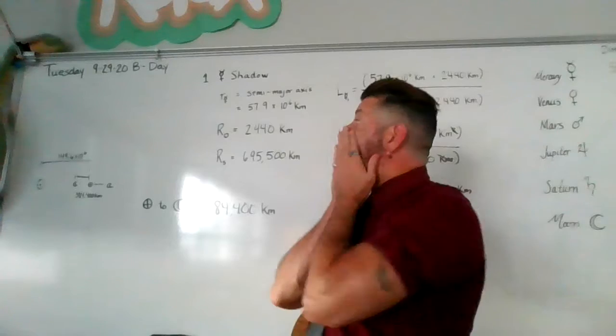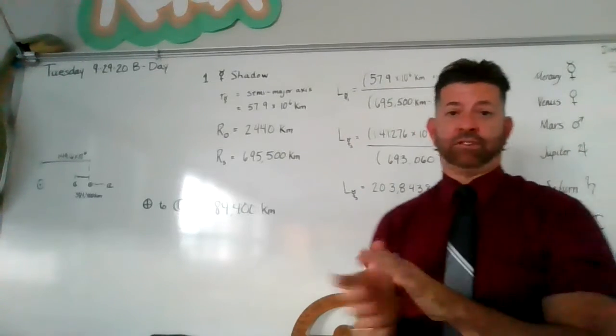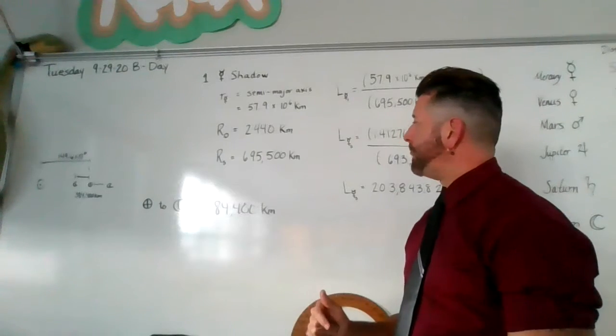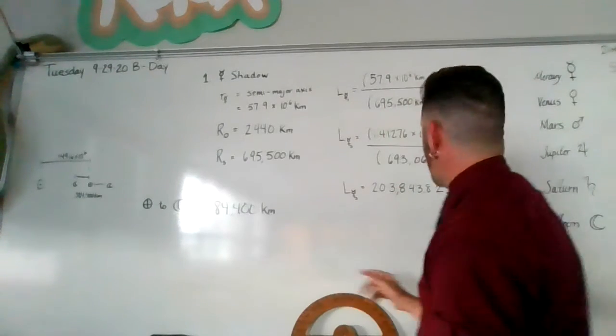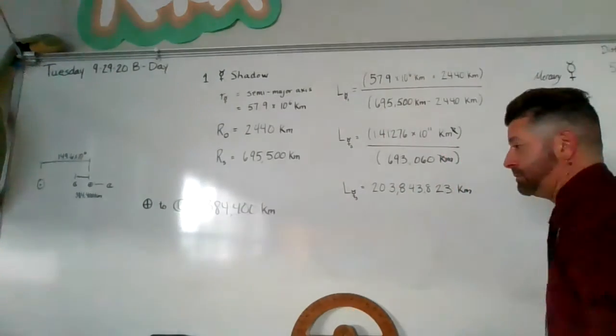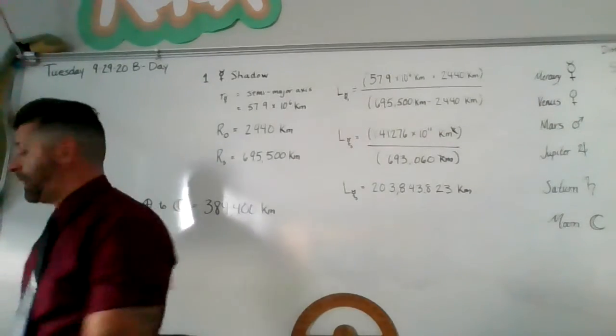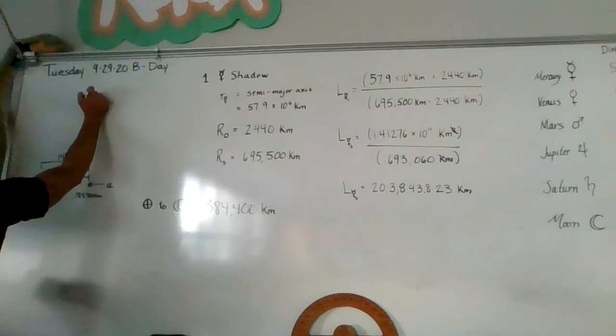All right. So we're working on planetary shadows right now and how to calculate those. We're going to use this formula, and maybe I should rewrite it over here where you can see it more easily. L is equal.